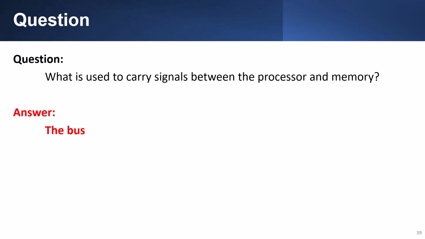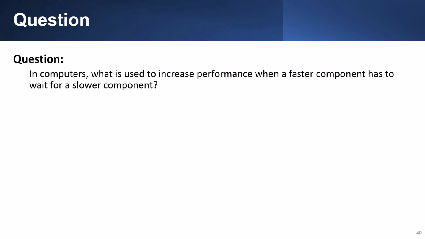Answer: the bus. Question: in computers, what is used to increase performance when a faster component has to wait for a slower component? Answer: a cache.